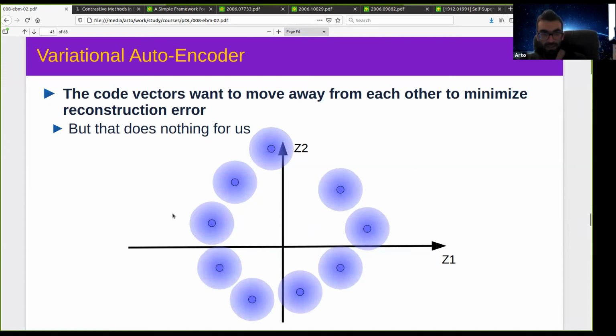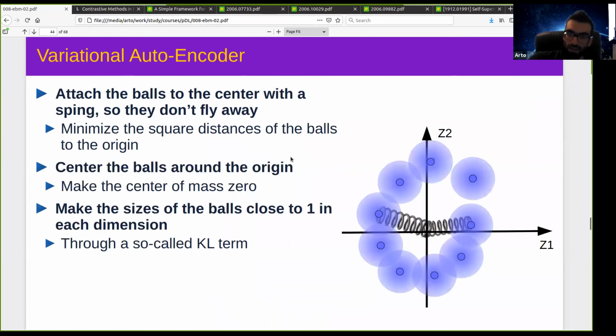All right, so here you can see we can obtain these well separated z's by pushing these points away from each other, but that would cause the problem that we don't learn a useful energy function by doing this, and that's why we add a regularization term.